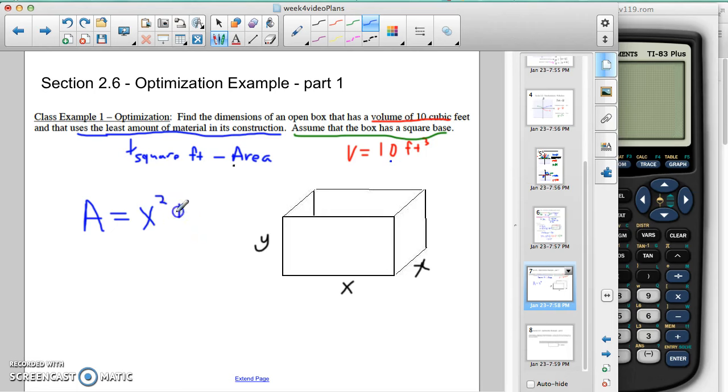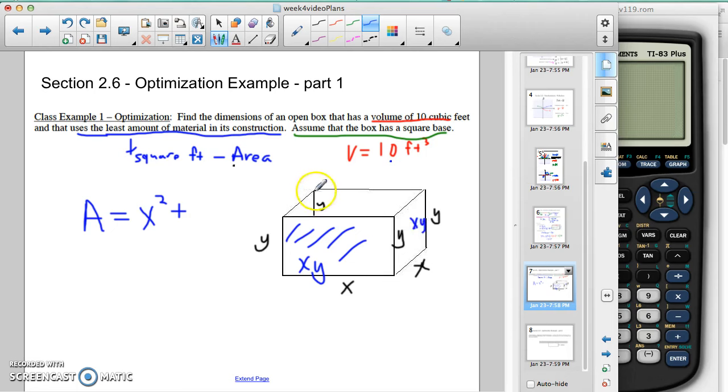And then this side is going to be x times y, or xy. This side is x, and all of these sides are y going up. This side is also x times y, so it's got an area of xy.